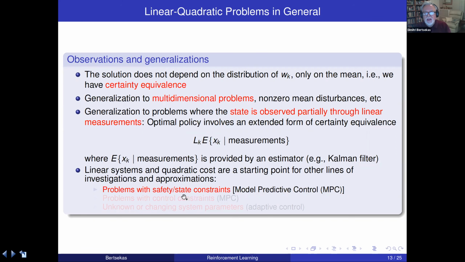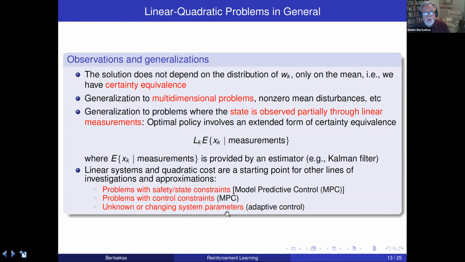So in practice, such constraints can be very important, and model predictive control methodology is motivated by these state constraints. There may also be control constraints, like, okay, your car cannot accelerate beyond a certain limit. And again, model predictive control takes into account this type of constraints, but still uses elements of linear quadratic theory.